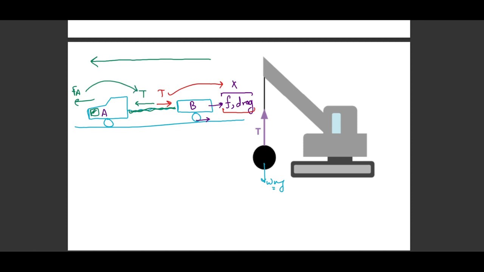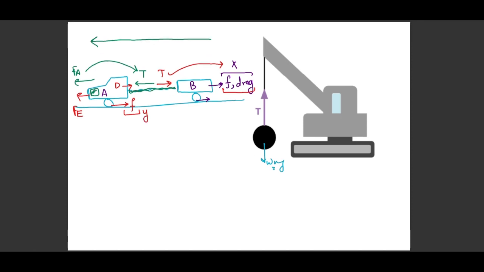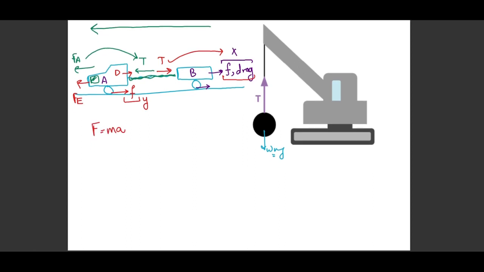Now, most definitely, if you look at object A as well, what's happening to object A? Let's say that this is the force of engine from object A, and most definitely object A has its own friction, its own set of drag. Let's call it Y, right? Now, if you were to apply the second law, F equals ma, to find acceleration, how would we put in these forces?